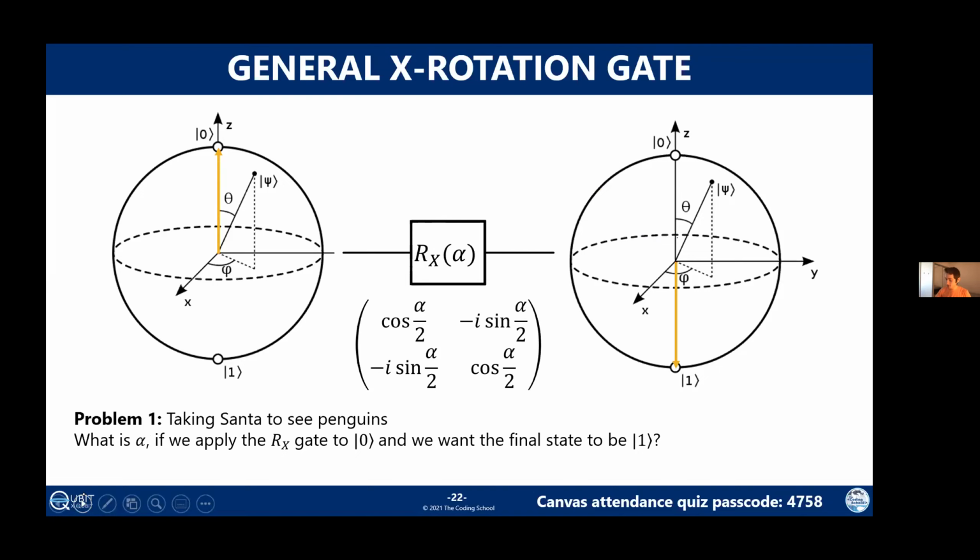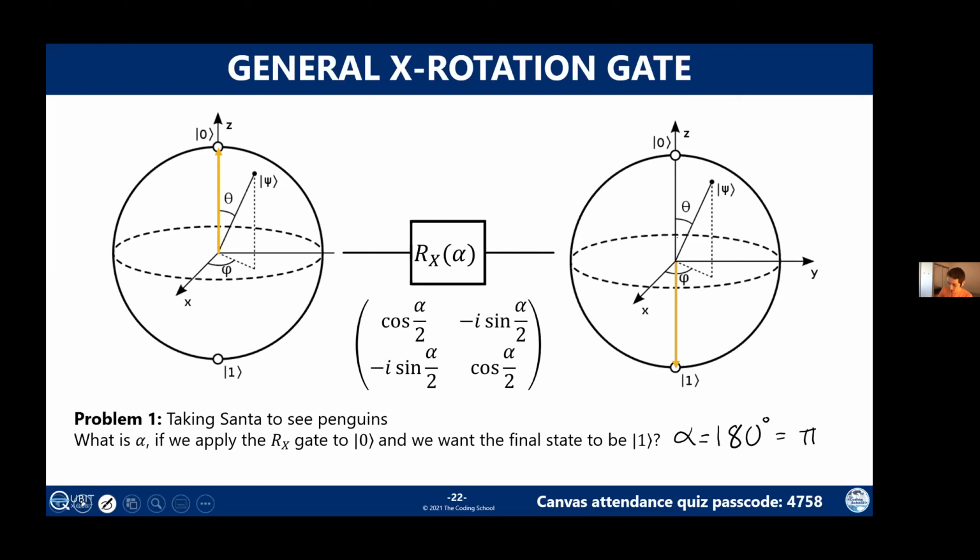That's effectively what this question is asking. At the end of the day, we'll have to rotate it a full 180 degrees, right? 360 would bring us back to the start, but if we want to bring the North Pole to the South Pole, that's only 180 degrees. So here, alpha equals 180 degrees, which equals pi radians.